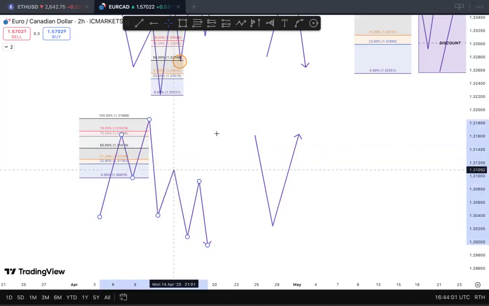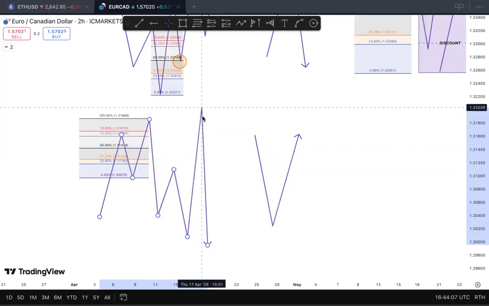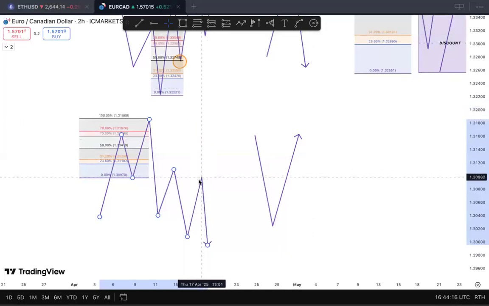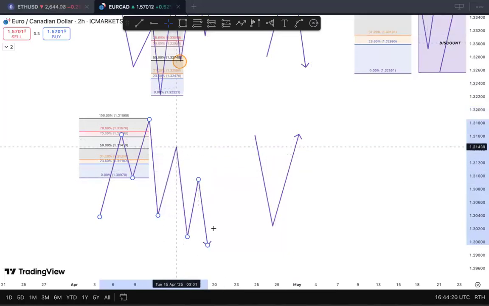For example, we have things like this. This is not a valid structure, so you don't want to take that trade. So price is going to induce you, use your main high as liquidity, and then boom. Can you see? So that's why you want to make sure that your liquidity is at least 50.